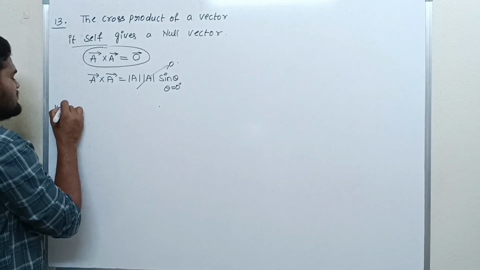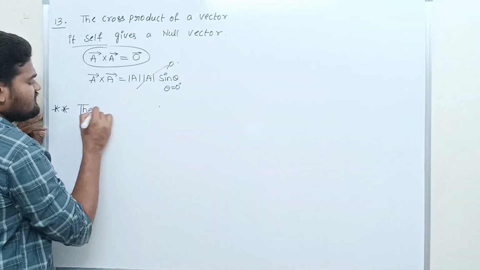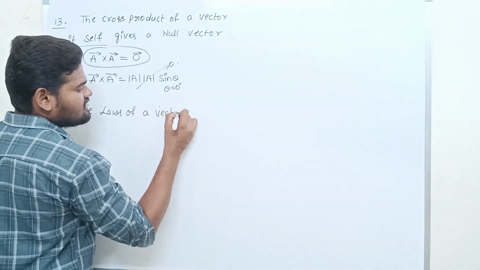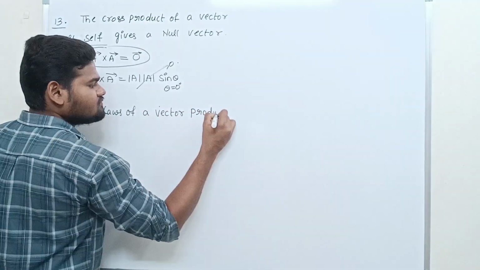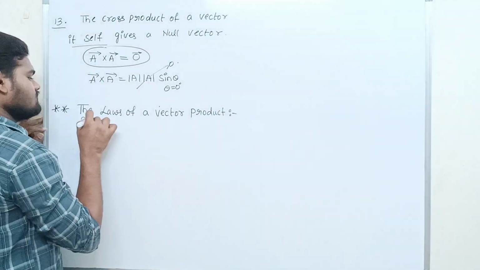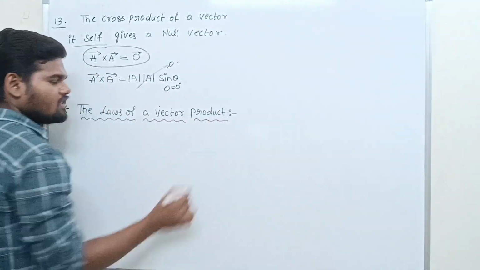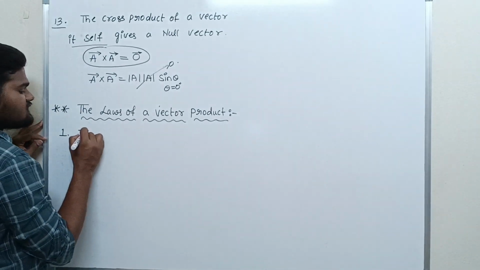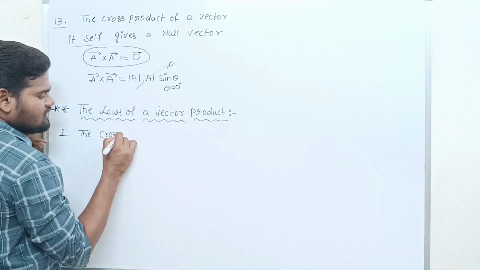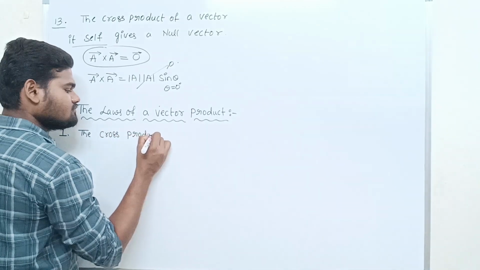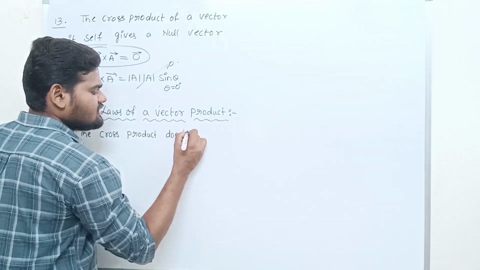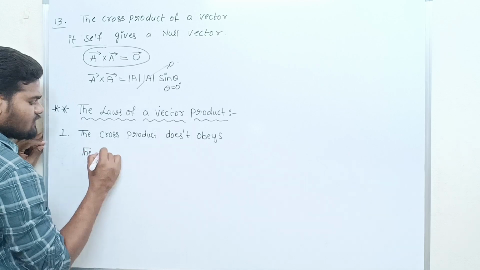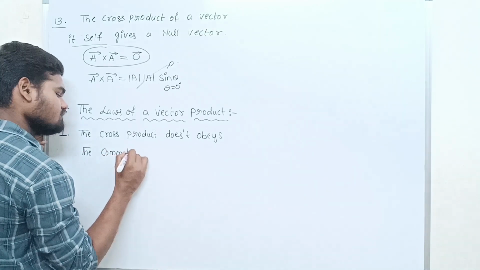Right. So the next one, the laws of vector product. The first law: the cross product does not obey the commutative law.